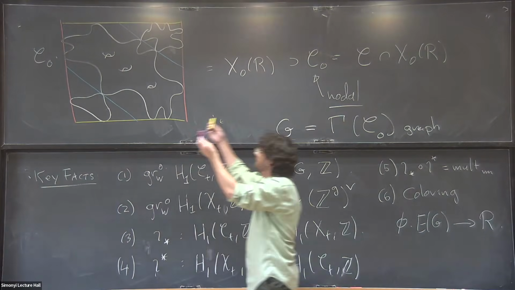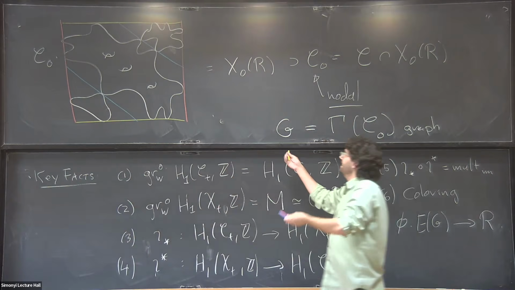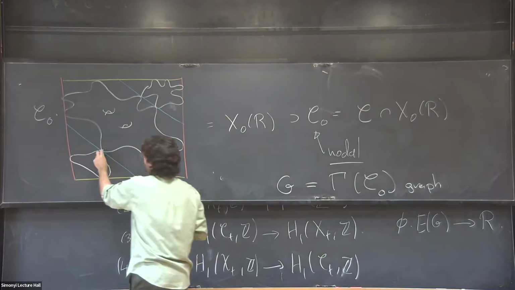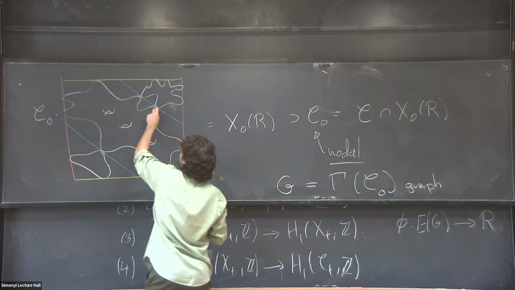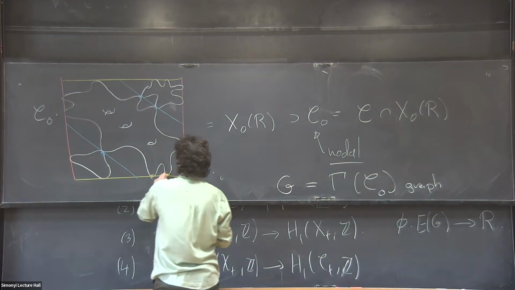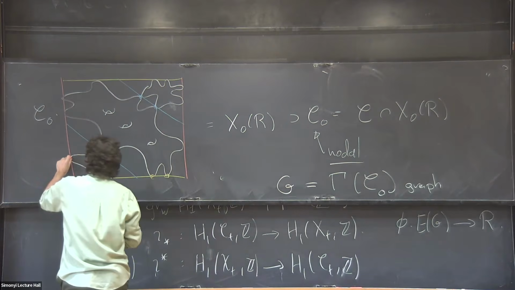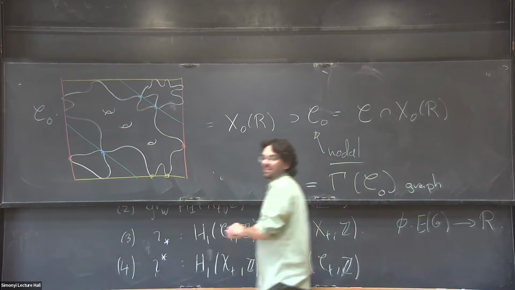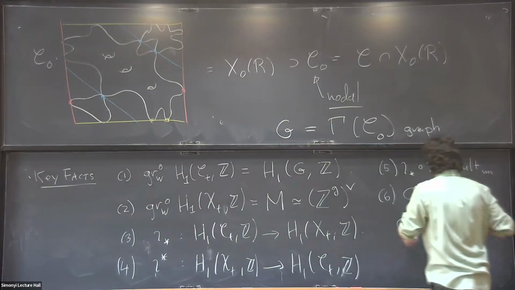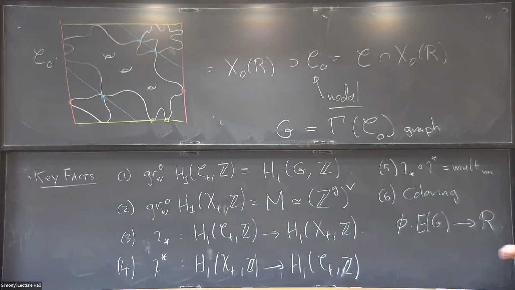The elements are blue, red, and yellow, right? And there's a coloring of the nodes of this curve, which is that these are the blue nodes because they're the nodes that come from the blue nodal loci of the abelian variety. These are the yellow nodes, and these are the red nodes. Okay, so that's how we extract the coloring.